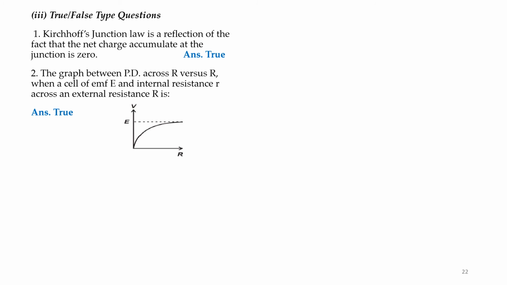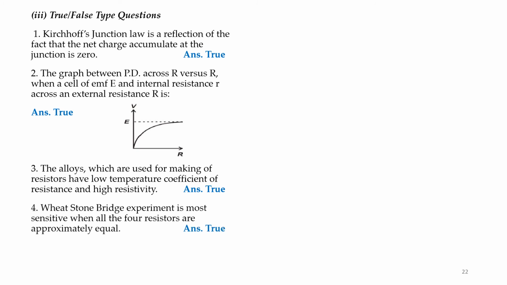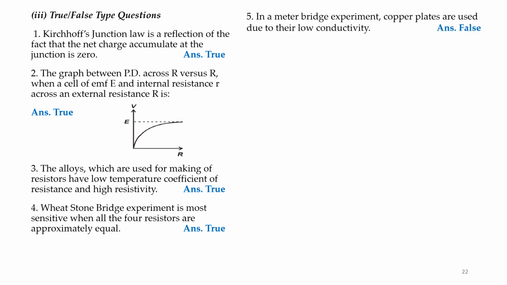True. The alloys which are used for making of resistors have low temperature coefficient of resistance and high resistivity. True. Wheatstone bridge experiment is most sensitive when all the 4 resistors are approximately equal. True. In a meter bridge experiment, copper plates are used due to low conductivity. False.